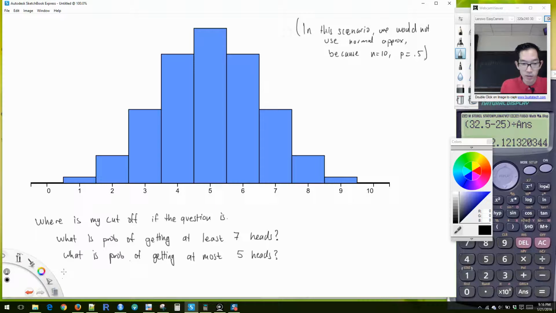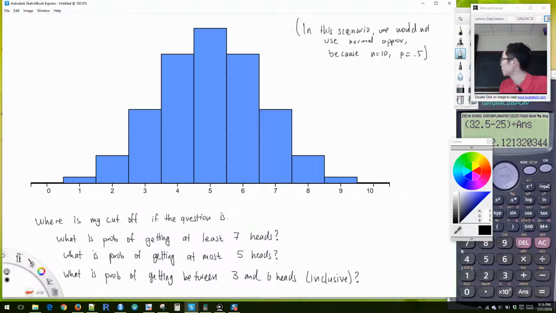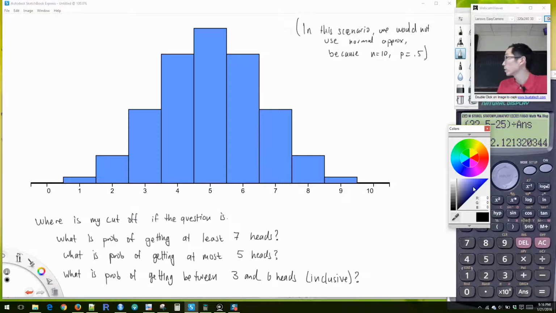What is the probability of getting between 3 and 6 heads inclusive? You have to imagine these. I'll let you finish copying these down.